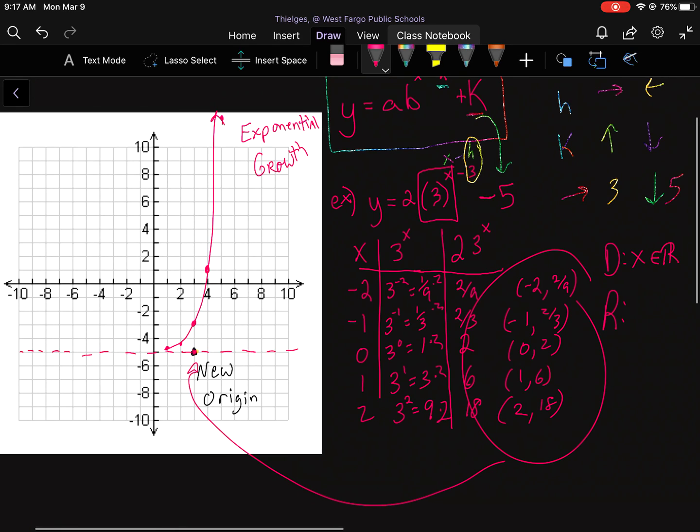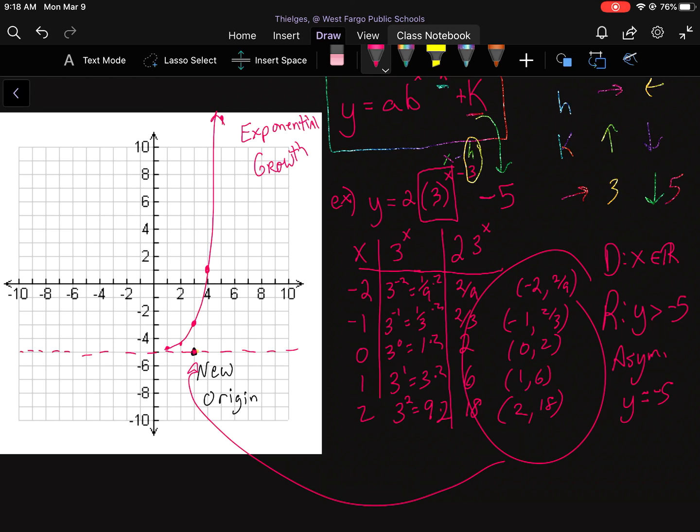My range is bigger than that asymptote, so y is going to be greater than -5. Kind of like when we moved the parabola up and down, that bottom number was your range. In parabolas there's an equals, but now we're not actually touching that dashed line at y equals -5. And again, to refresh your memory, an asymptote is a line that it doesn't quite touch.